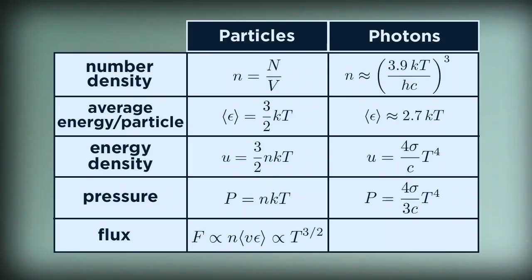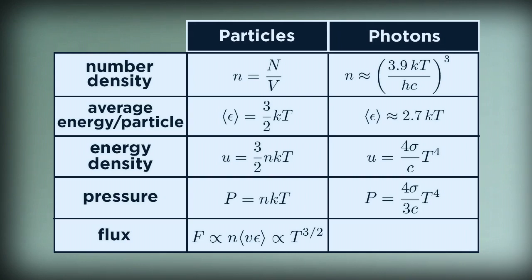Finally, let's consider the flux, the power per unit area that would emerge from a tiny hole in the box. For the gas, we said it's n times the average of v epsilon, which was proportional to T to the 3/2 power.